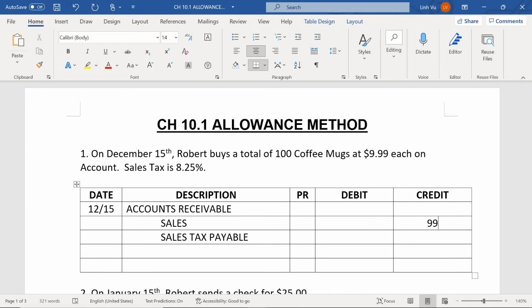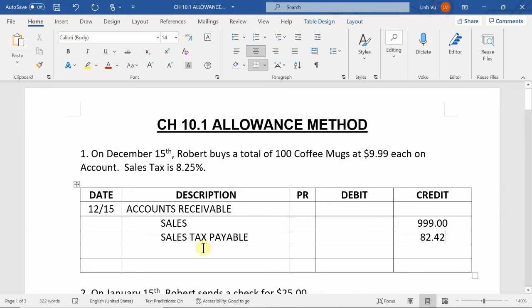$9.99 times 100 is going to be $999, okay? How much tax am I going to be collecting from Robert? $82.42, okay?